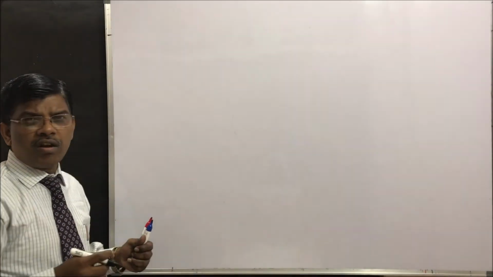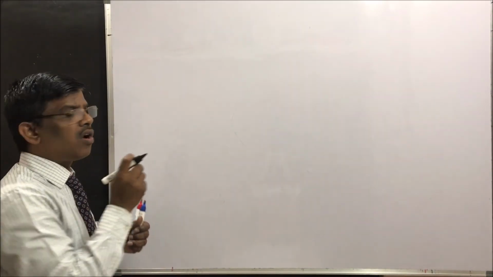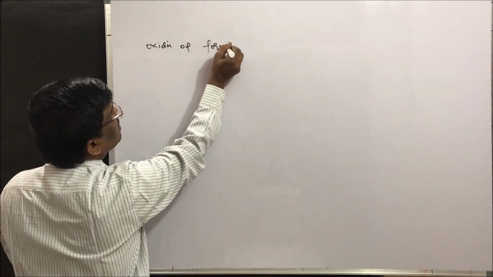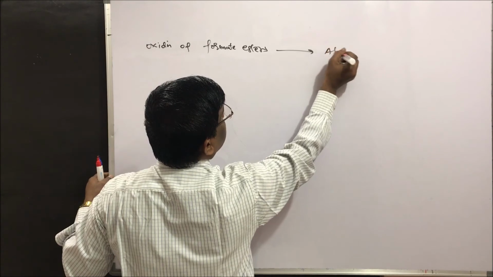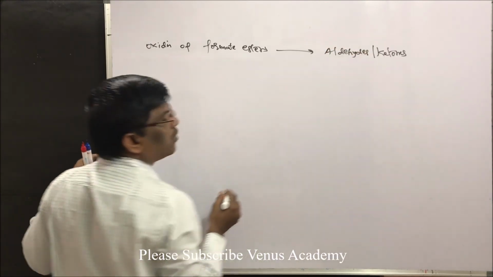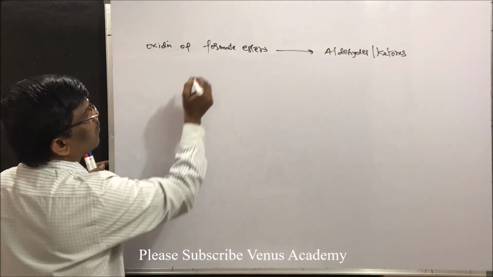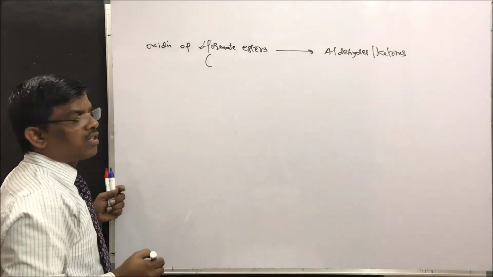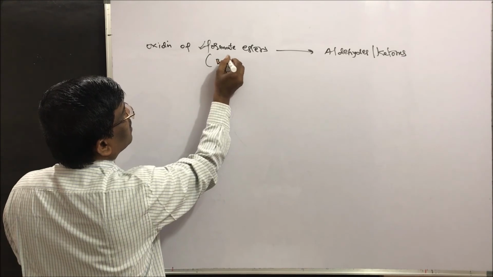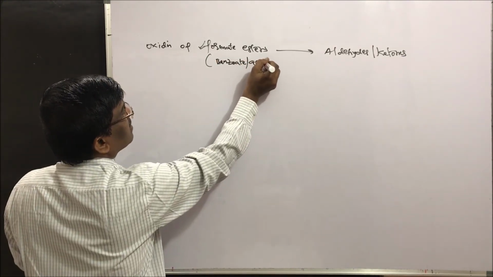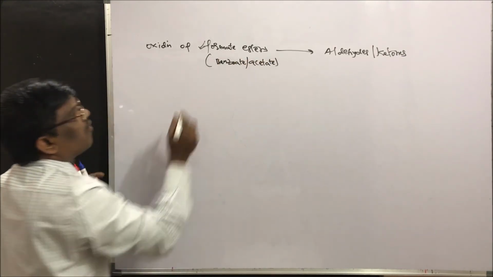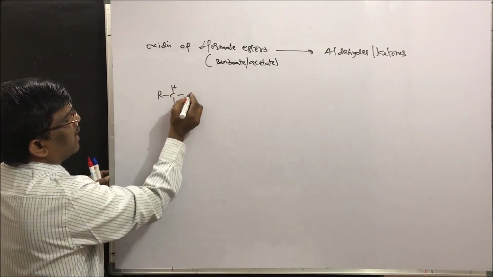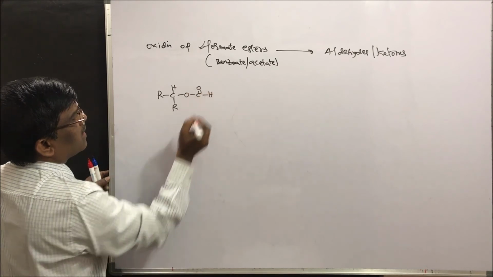One of the important applications of Oppenauer oxidation is oxidation of formate esters to aldehydes or ketones. Formate esters can be oxidized, but it is not going to oxidize benzoate or acetate esters. So it is very specific to formate esters. Let us take one formate ester.